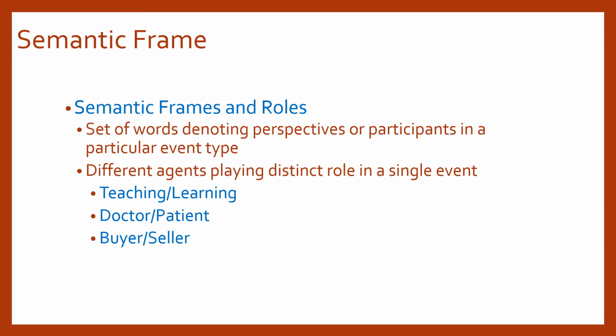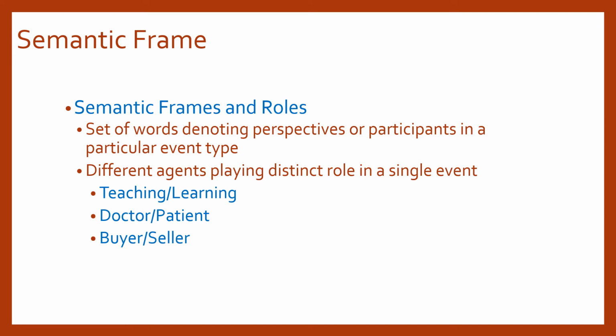In that context, we say it's a semantic frame. For example, in a commercial transaction, there is a person playing the role of buyer, another person playing the role of seller, some object which is being sold or purchased, and the monetary transaction involved. So there are different roles to be played here.